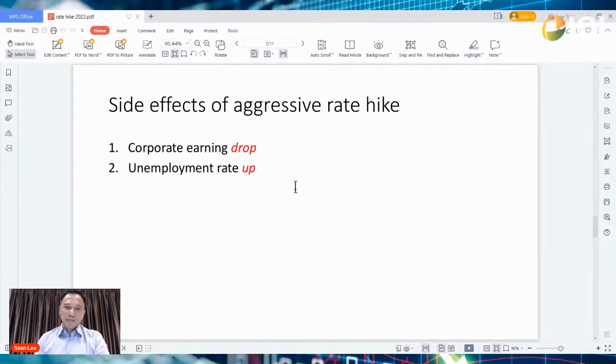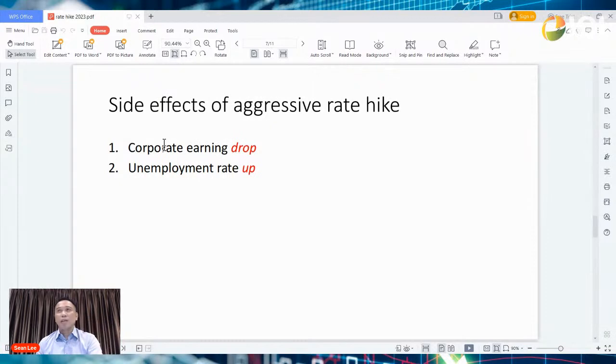Number one, when the Federal Reserve or a central bank in any country increases the interest rate, the cost of running a business will go up. Workers will have to demand higher wages because things are getting more expensive. They will tell you, boss, you can no longer pay us 2,000 because everything is getting more expensive by 30%. We need at least 2,005, for example.